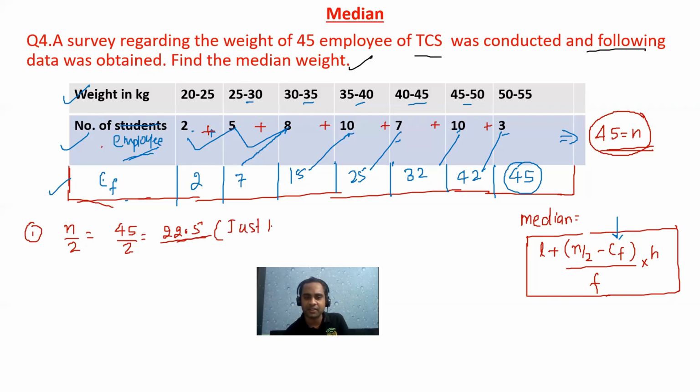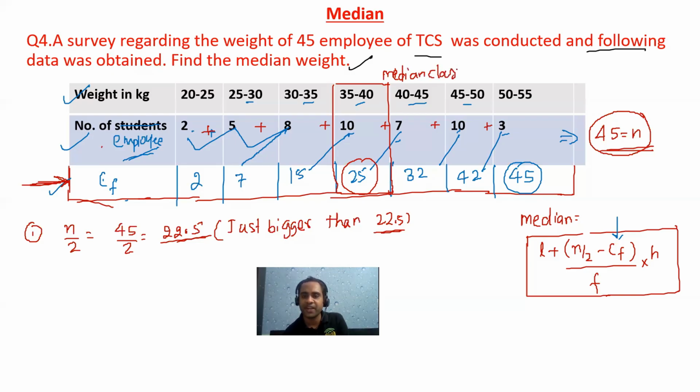Just bigger than 22.5 in the cumulative frequency is 25. Even 32 is bigger, 42 is bigger, 45 is bigger, right? But we need just bigger. So this particular column will now be called the median class.